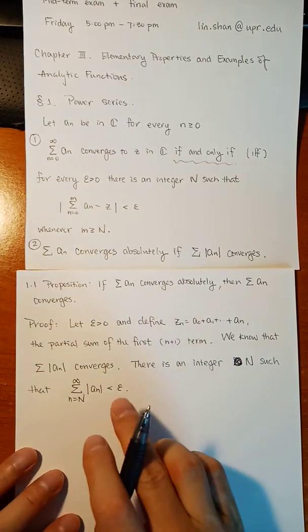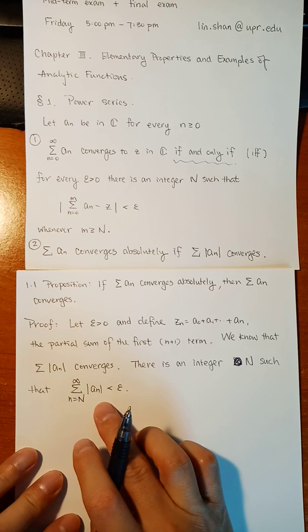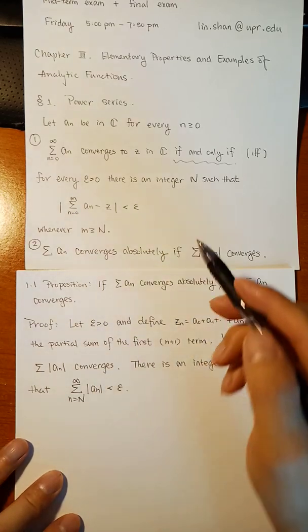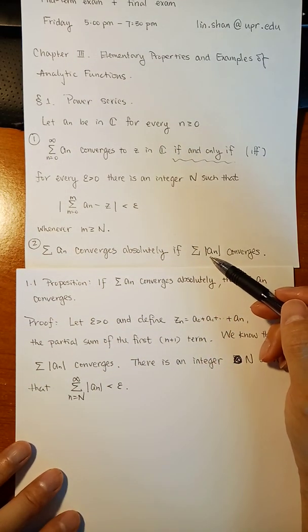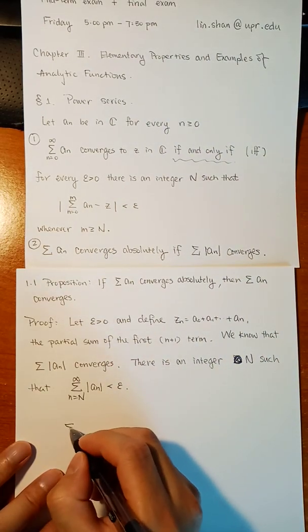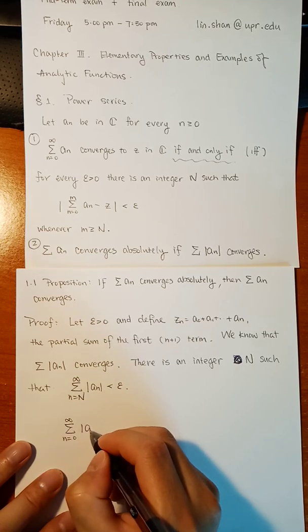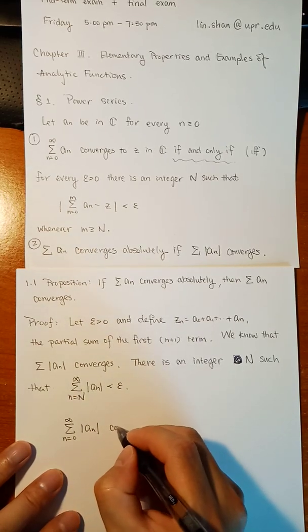So how do we get this? It actually comes from the definition of convergence of the series of absolute value of an. You know that this one converges.